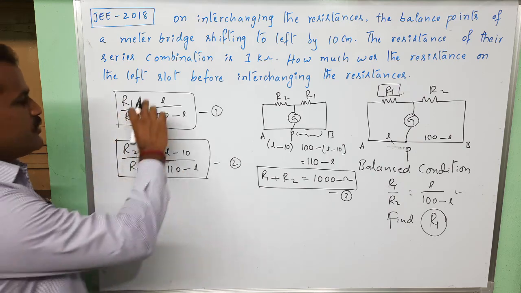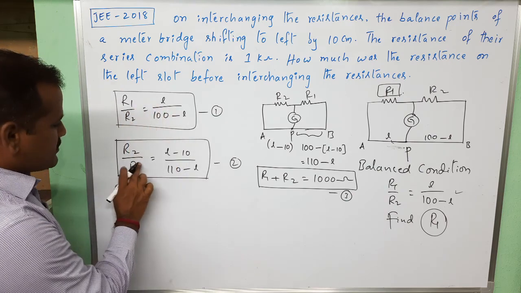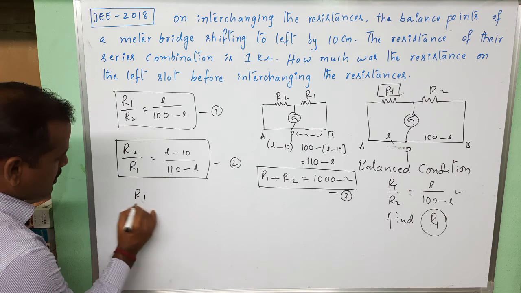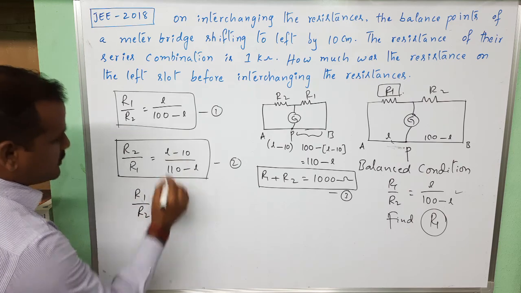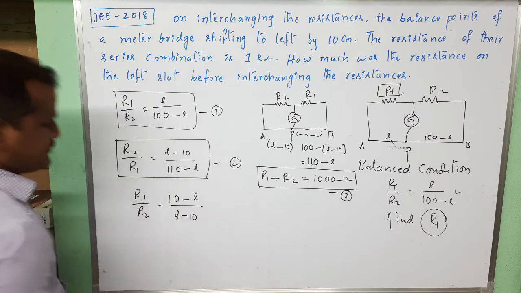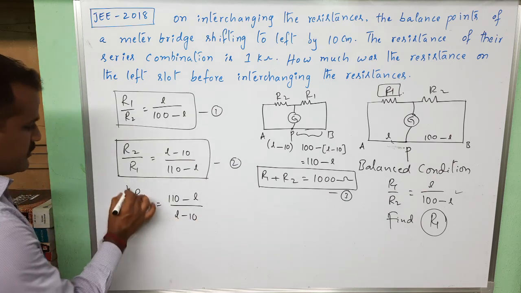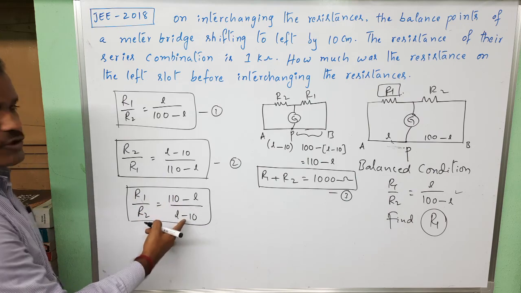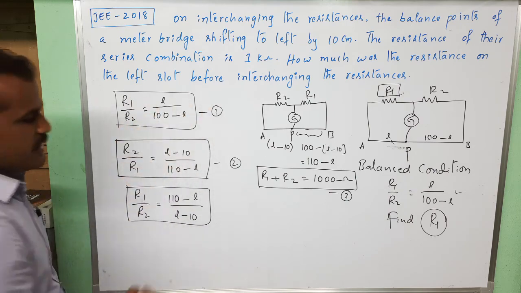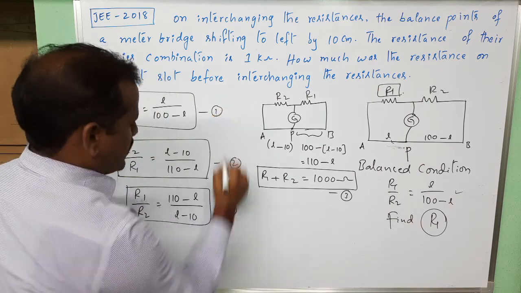So to combine these two equations, I am making R2 by R1 into R1 by R2, which is equal to 110 minus L divided by L minus 10. Now this is the R1 by R2 ratio from the second case and this is R1 by R2 from the first case. Let us combine these, 1 and 4.